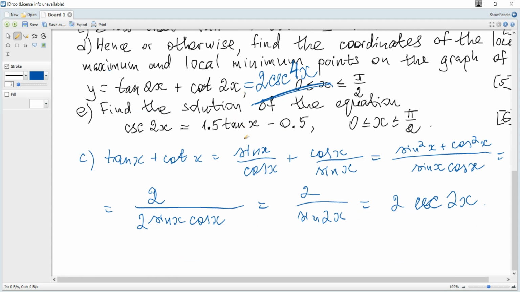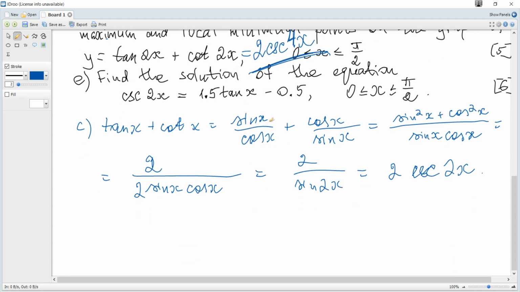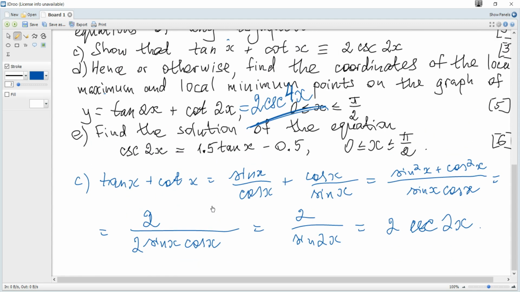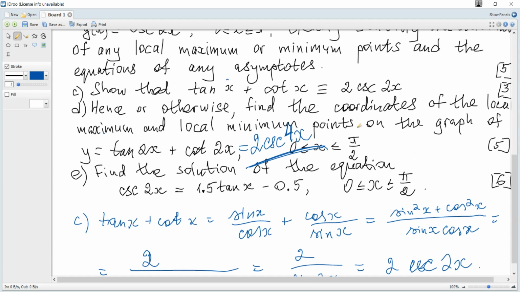And the next, find the solution of the equation cosecant of 2x is 1.5 tangent x minus 0.5. Since it is given this identity, we can see that if we substitute this for cosecant, we can get an equation in terms of tangent only, and it can be easily solved.